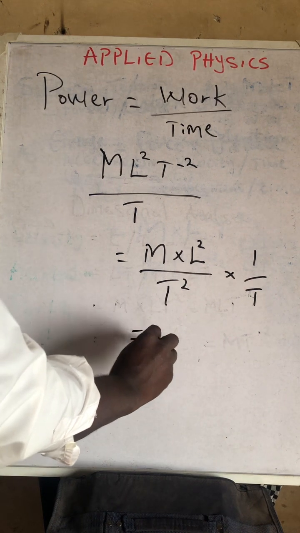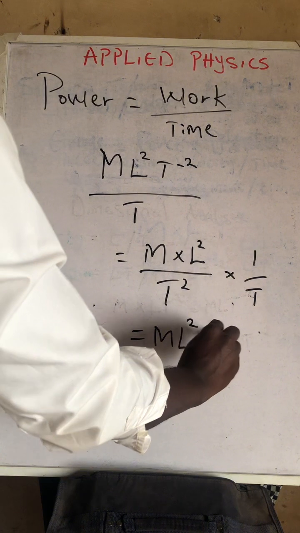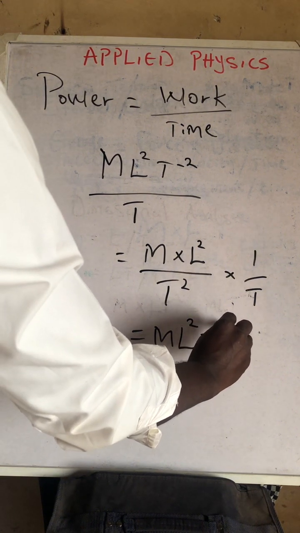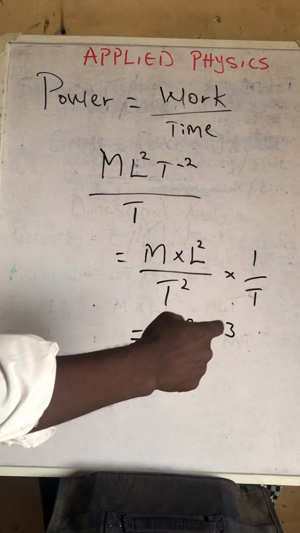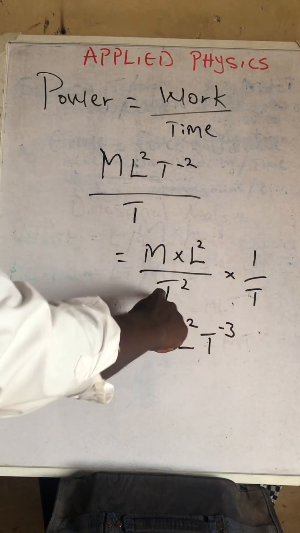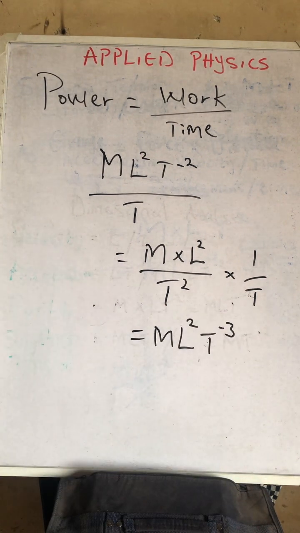So this will be equal to M L raised to the power 2 and T raised to the power minus 3. Because T squared means T times T times this other T, so it will be T raised to the power minus 3. Okay, that is that for power.